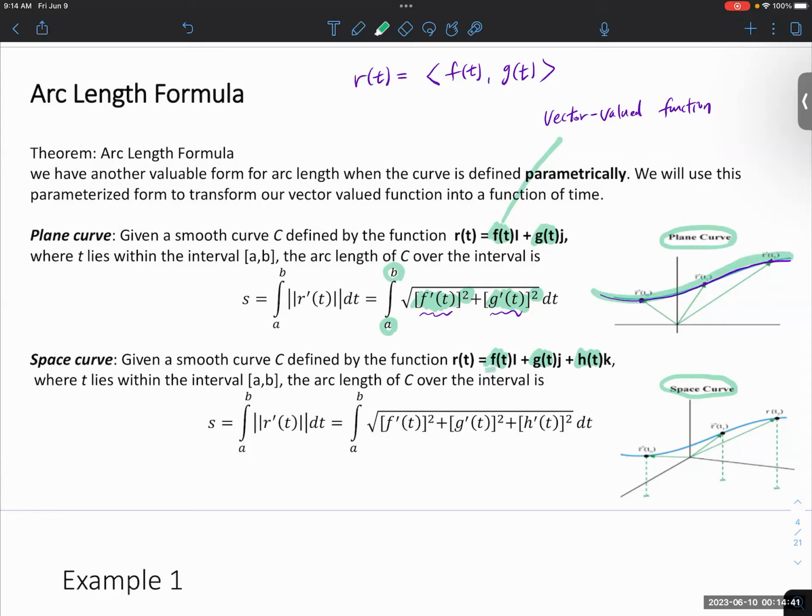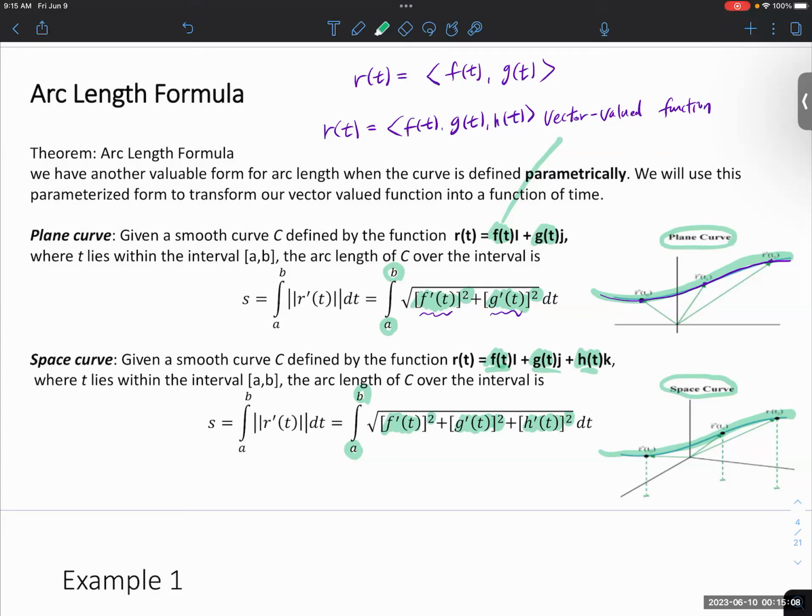Likewise, if you have three components, and everything is a function, it's the same thing: you take the derivative, square it, and then take the square root from A to B. You can find the length of the space curve from A to B. That's the similar formula we've been talking about in Calculus 2.